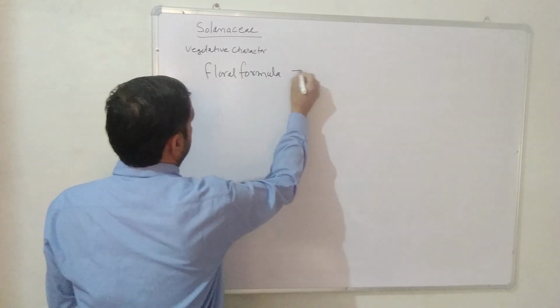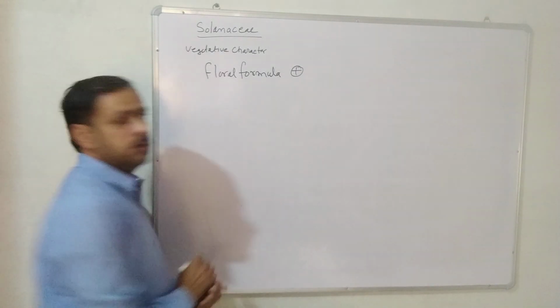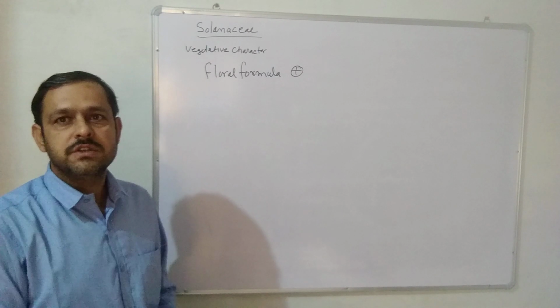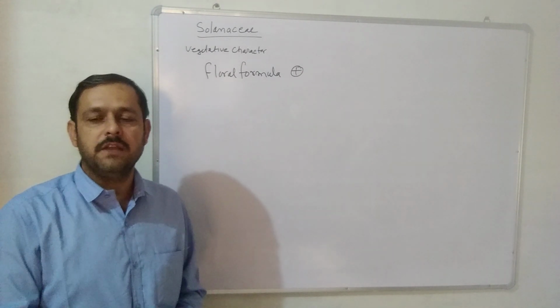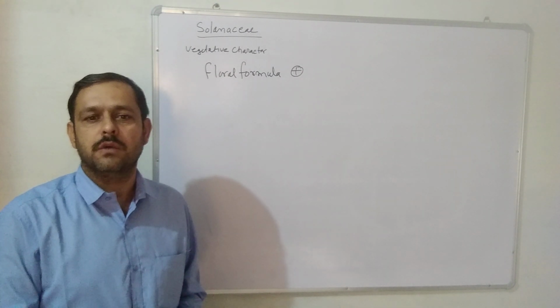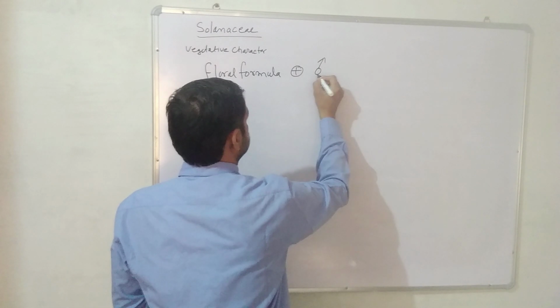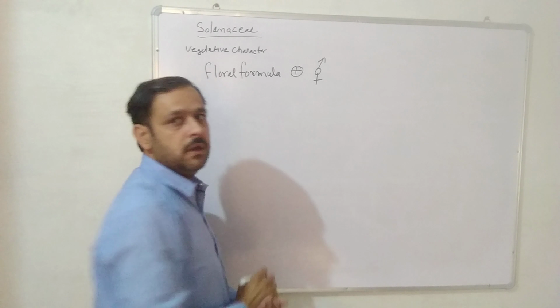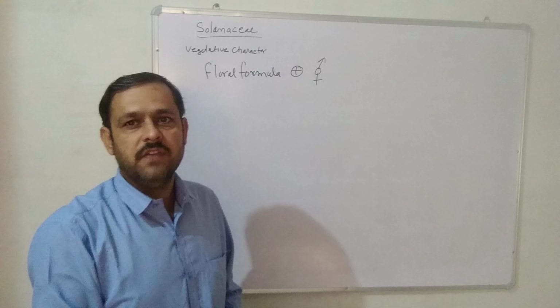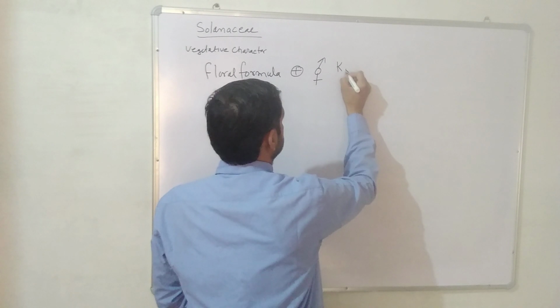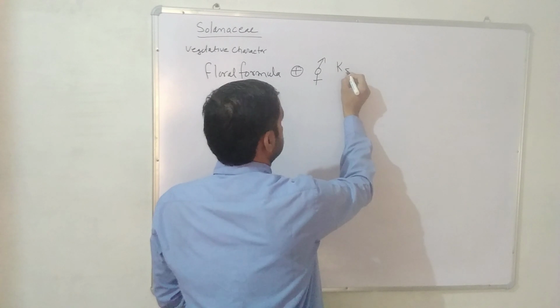First of all, we write down the symmetry. They are actinomorphic on the basis of symmetry, meaning by any plane we can cut the flower into equal parts. Then the flower is bisexual, so this is the sign of bisexual. Then the number of sepals, meaning calyx.